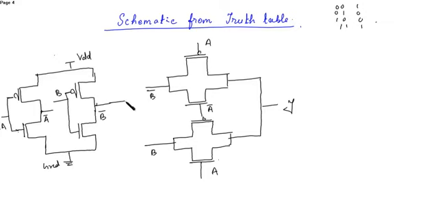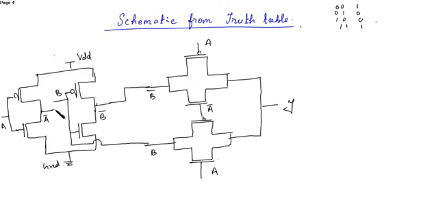So B bar is connected over here and B is connected from here. Okay, B is connected, then A is connected here and A bar is connected here.